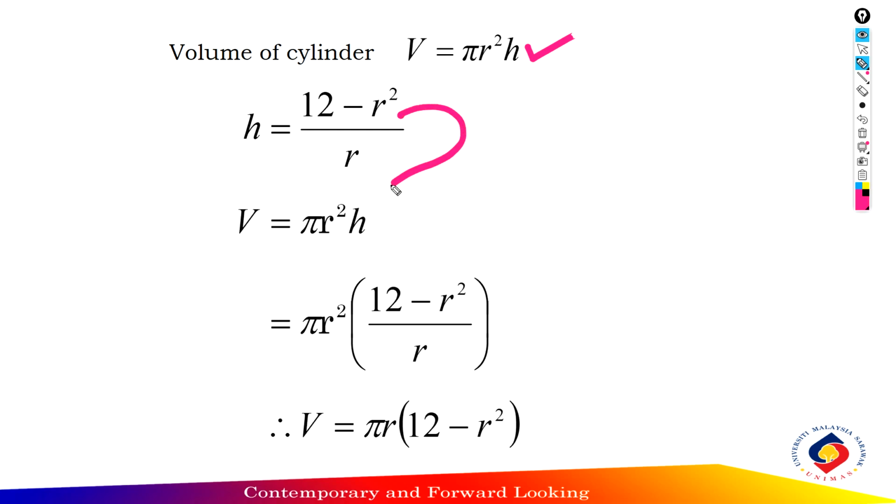So πr² times (12 minus r²) over r. Then you cancel, and the volume of the cylinder equals πr times (12 minus r²). Okay, question A.